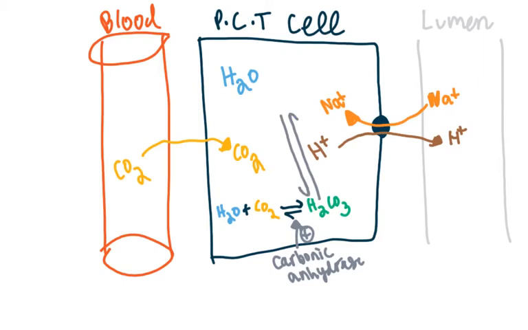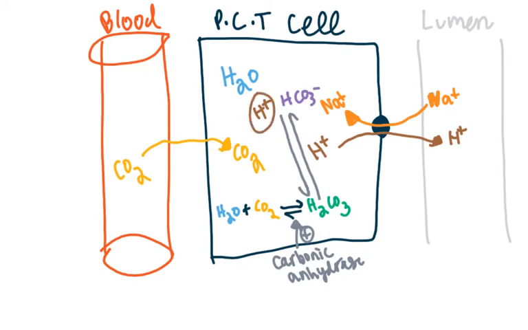So this will dissociate into a hydrogen cation and bicarb. Let's choose a different color for bicarb.